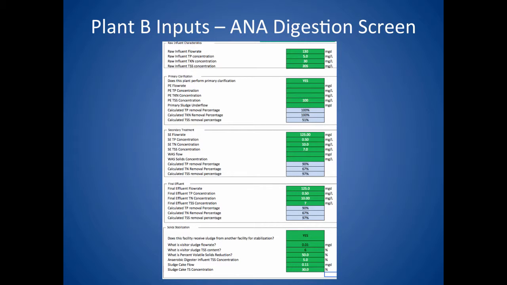For plants that use anaerobic digesters but do not have side stream data available to enter, data will be entered on the ANA digestion screen, which is located at the Type 2 tab at the bottom of the screen. This is also the screen that will pop up when you click on the red button labeled "Click here to enter ANA digestion data."